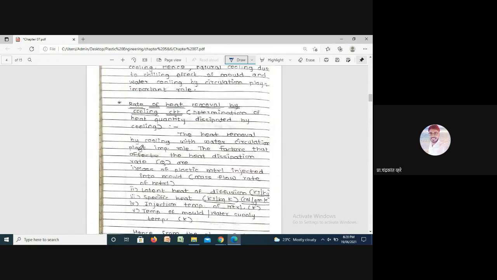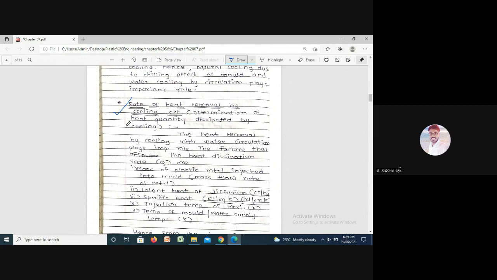Next point is rate of heat removal by cooling circuit. Cooling circuit means whatever we use for cooling. As you may have seen in a tractor truck, there is water circulation for cooling of the engine block and body, and a coolant is circulated through the engine block.